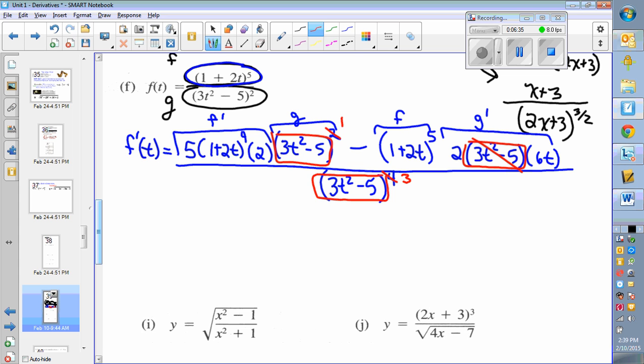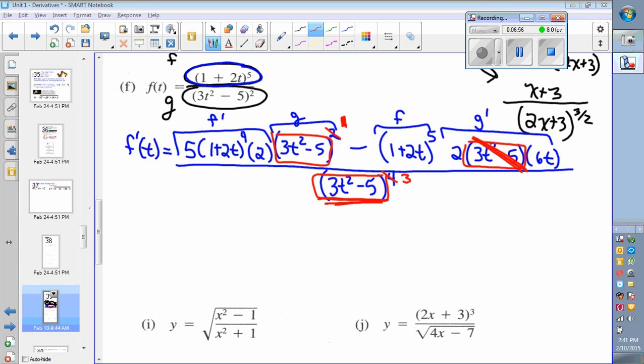And so it will become the 3t squared minus 5 is only to the 1. This 3t squared minus 5 is gone, and one of the 3t squared minus 5's in the denominator is gone. 4 became 3. Okay, so we get rid of that common factor.